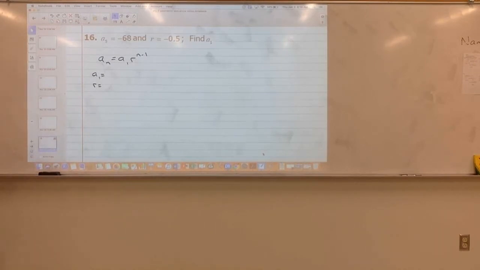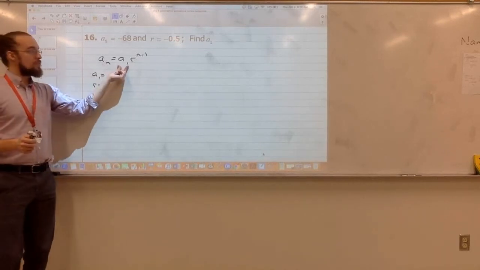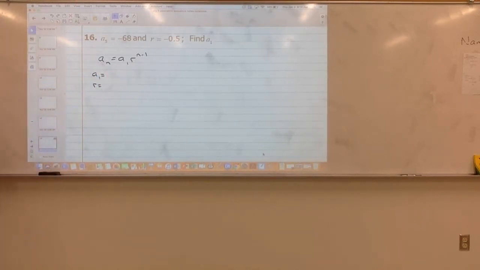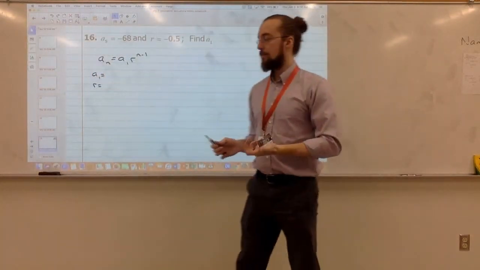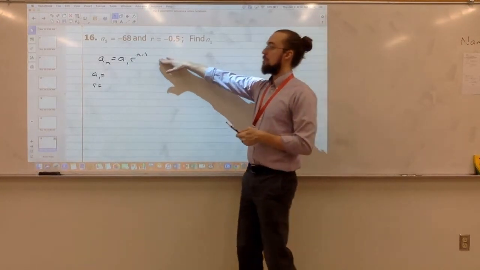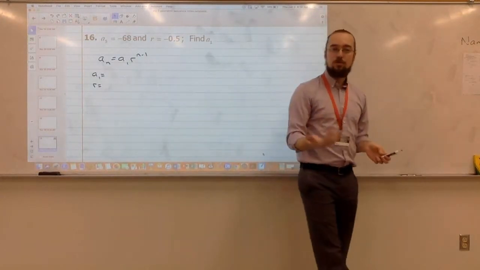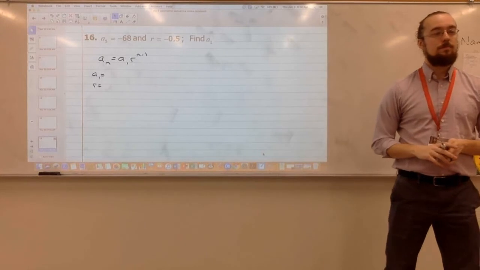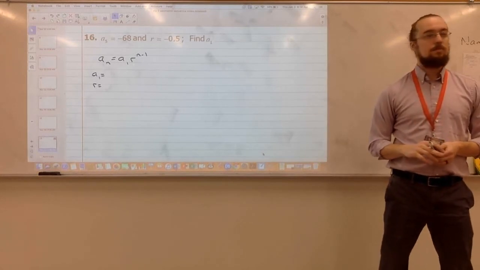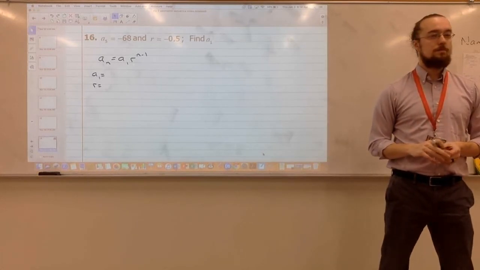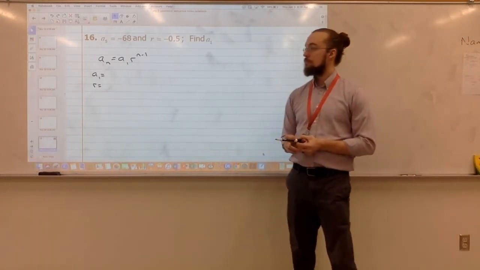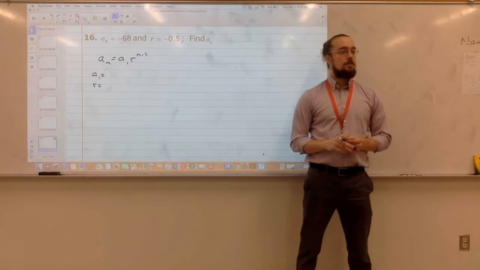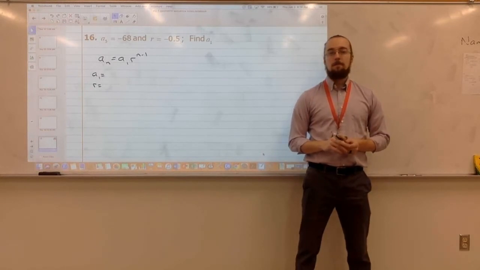Well, what we're missing, obviously, in this formula is the first term. So, any ideas on how I'm going to use this information and this formula to find the first term? Any thoughts?